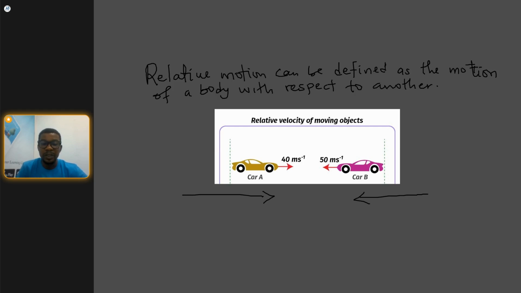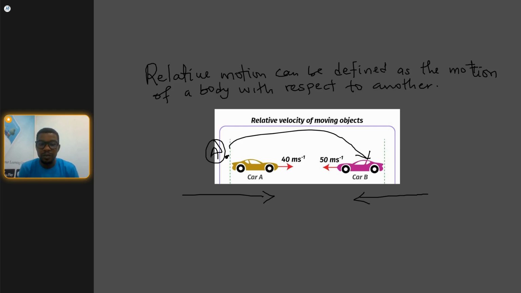So what we call relative motion is the motion of the car labeled A with respect to that of B. The motion of car A with respect to car B is said to be the relative motion of A.